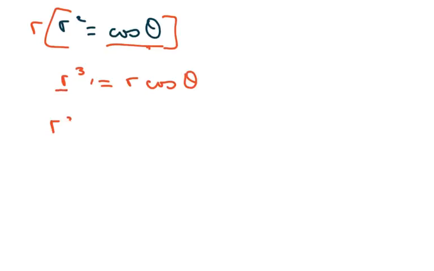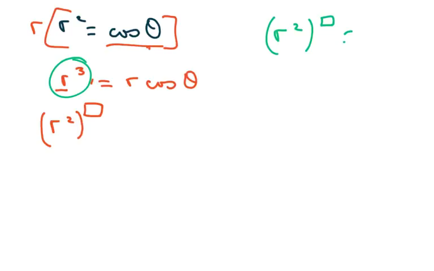So if I make this r squared, what would I have to put here to make it look like r cubed?